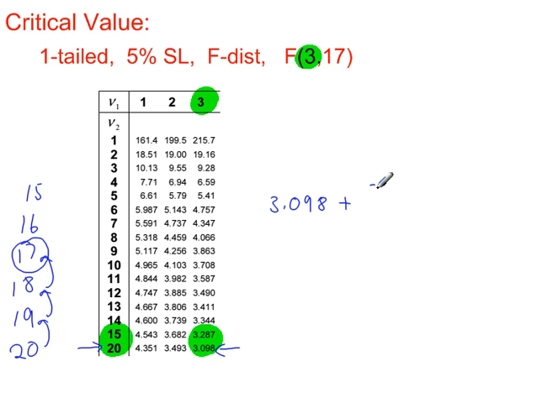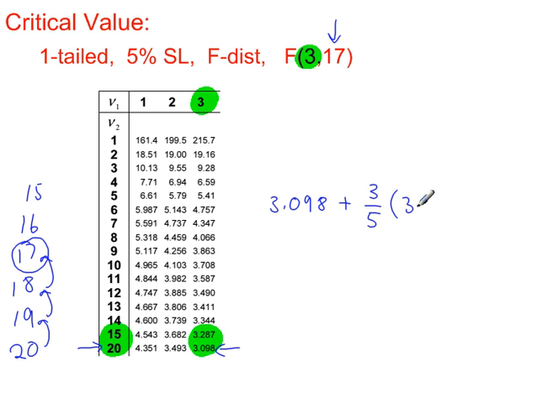So we're going 3/5 of the way from here to here to get to 17, because 17 is what we're looking for. So 3/5 times the difference between these two values.